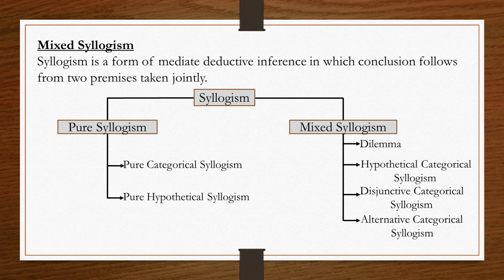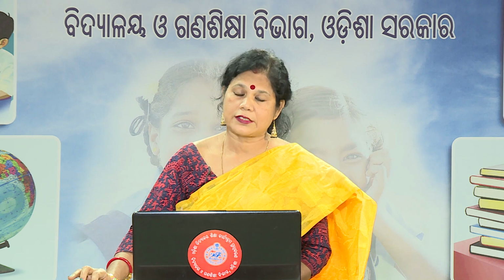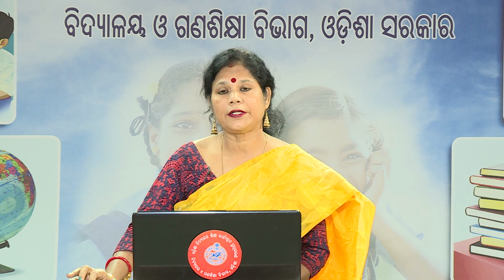What is a pure syllogism? As you know, in a syllogism there are three propositions. In a pure syllogism, all three propositions are the same from the standpoint of relation.